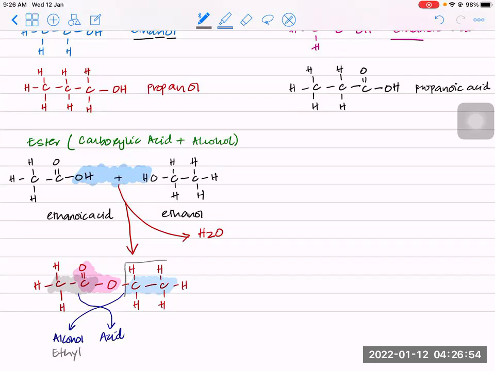Because you see, it's an ethyl group now, because the H is gone. So it's no longer ethanol, you will call this ethyl. And this right here is a 2-carbon acid, you will call this ethanoate. So the ester becomes ethyl ethanoate.